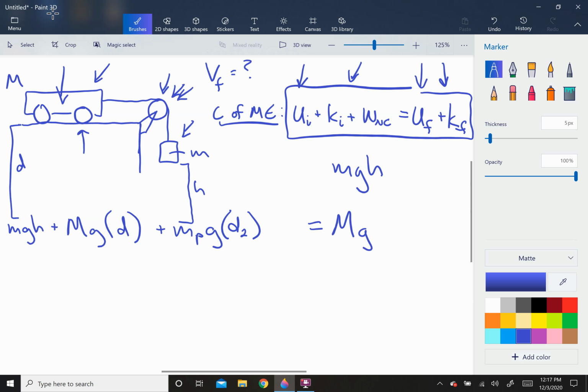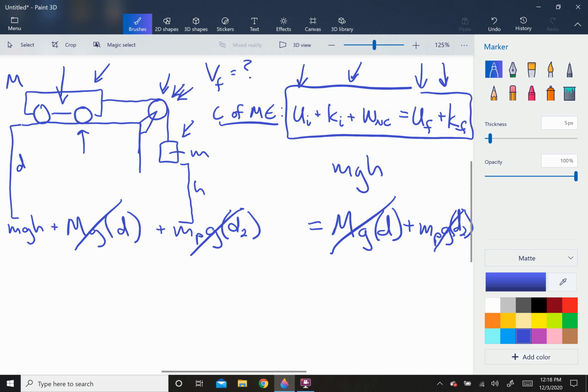This big M g D, and this mass of the pulley g D2. They're going to show up again in the final, right? And with the same sign, which means that they're just going to cancel, right? Because I can subtract it from both sides without changing the equation, okay? And this one is going to cancel because it's just going to show up on both sides.